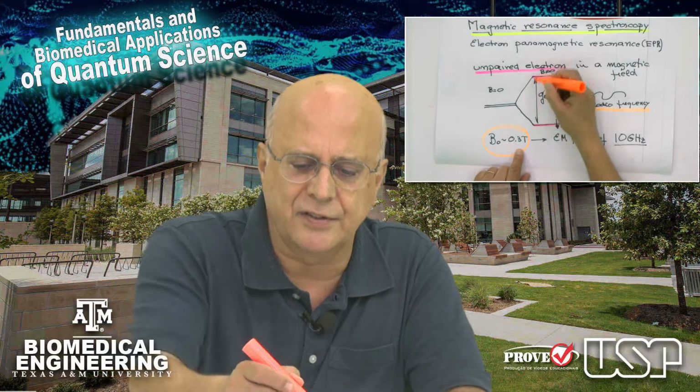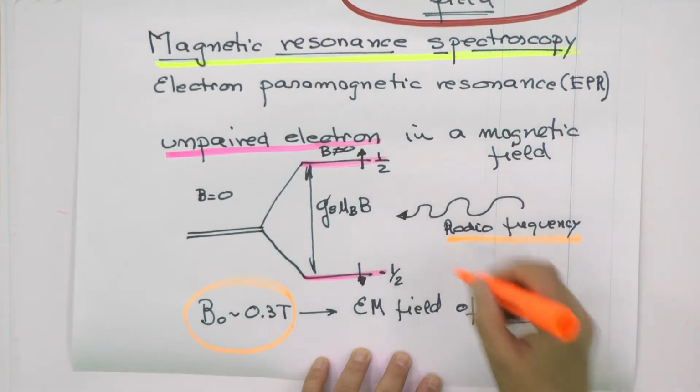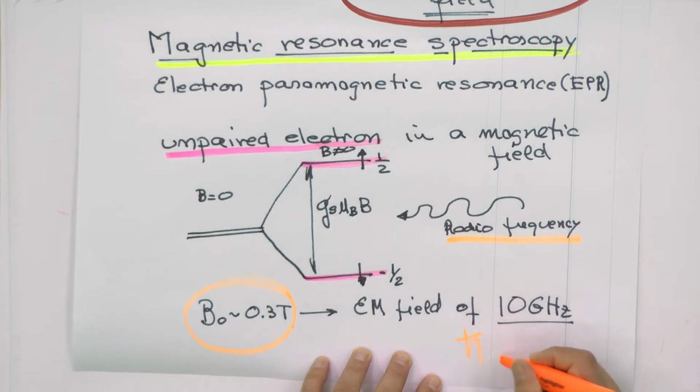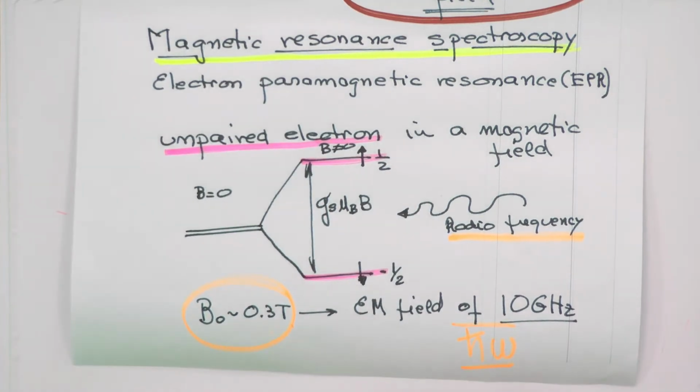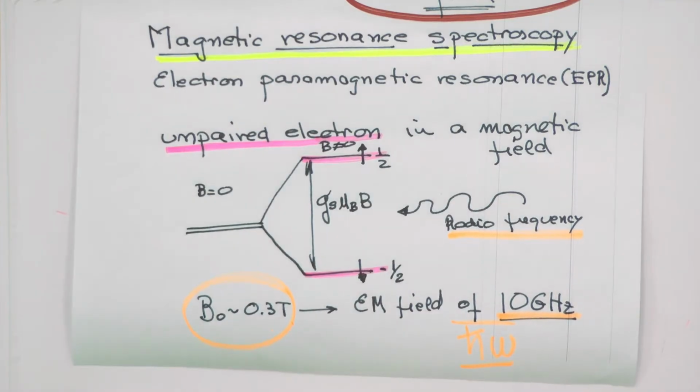We see that this energy is compatible with a frequency. Remember that h bar omega is the energy carried by the photons of the electromagnetic radiation. That corresponded to 10 gigahertz. That's a good energy, right?